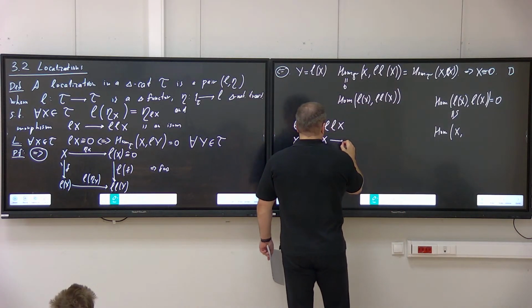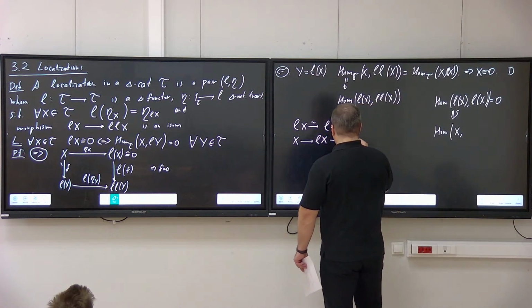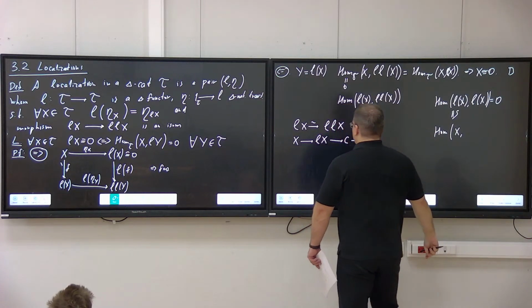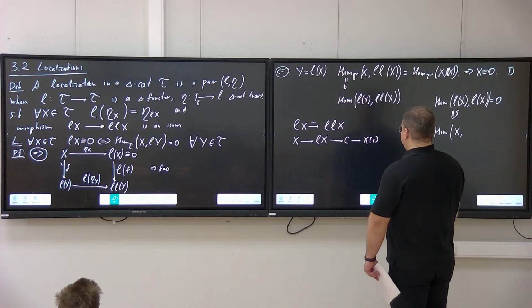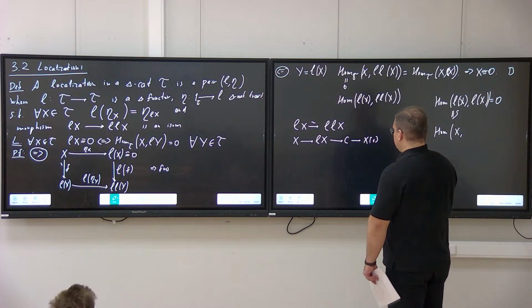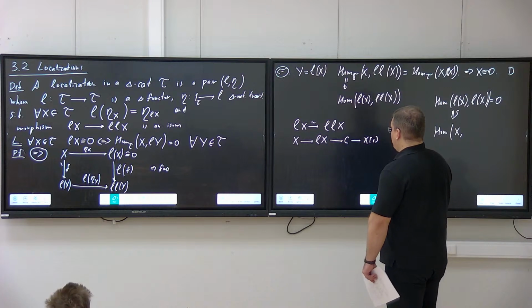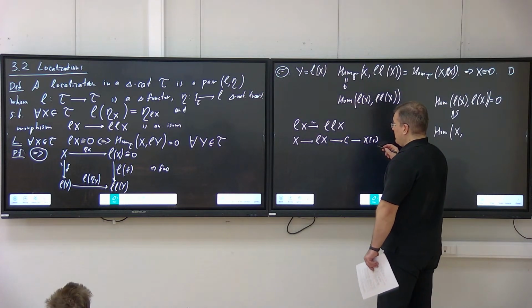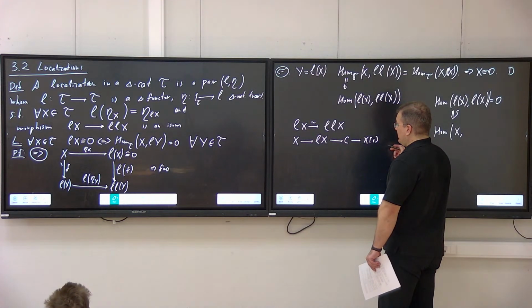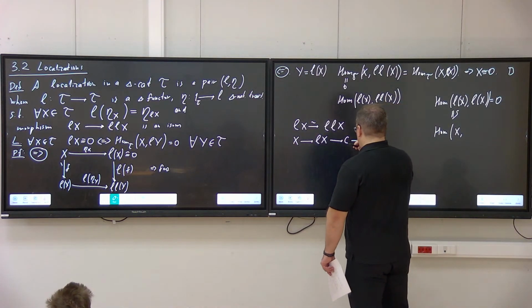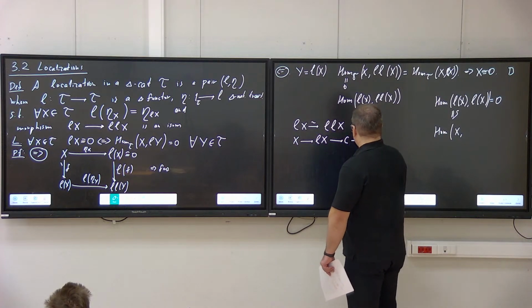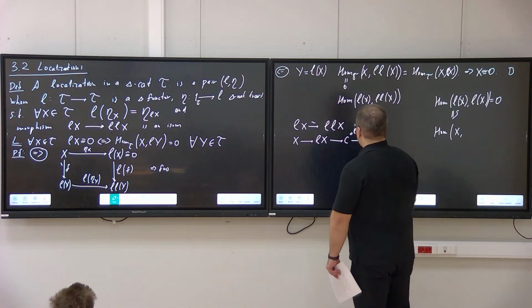Then there is the completion of this thing to a distinguished triangle. So let's call this maybe C. But we know that all maps from x to Lx are 0. So all such maps are 0. That means that C is Lx, maybe in the image of the functor L.